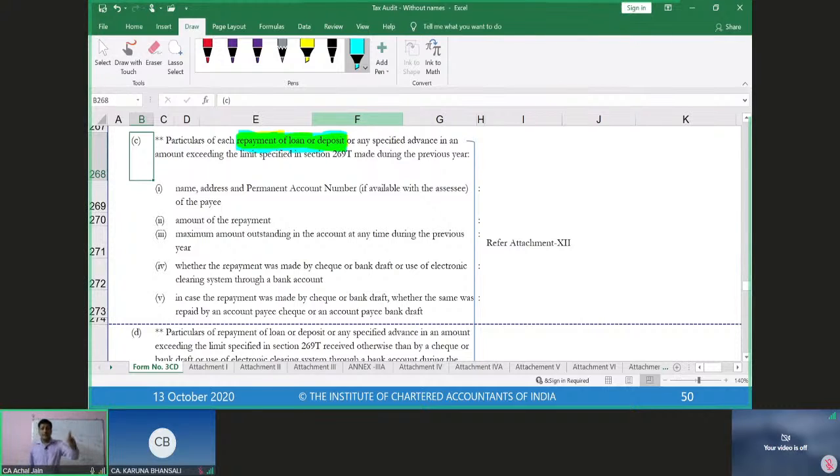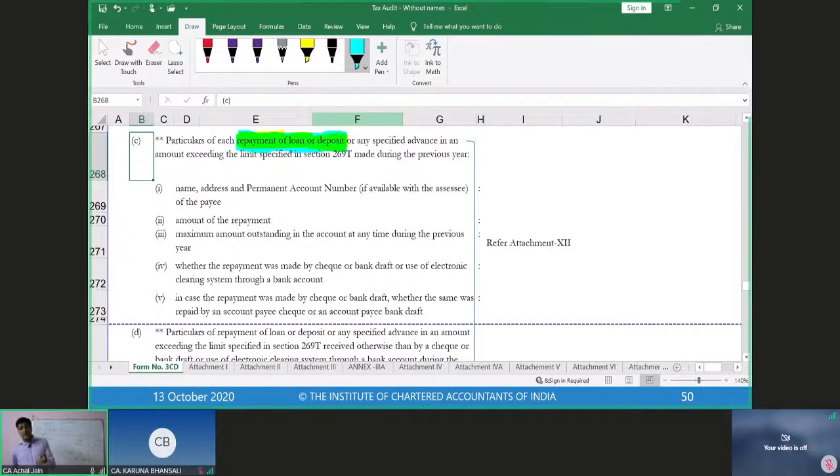Now in the previous clauses, everywhere we have discussed particulars of receipts, amounts taken, loans or deposits taken. Now under 31C, what is it that we are looking at?